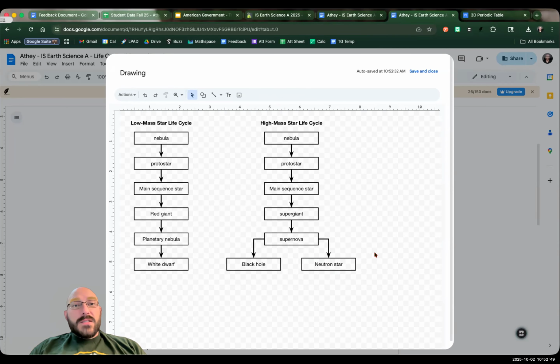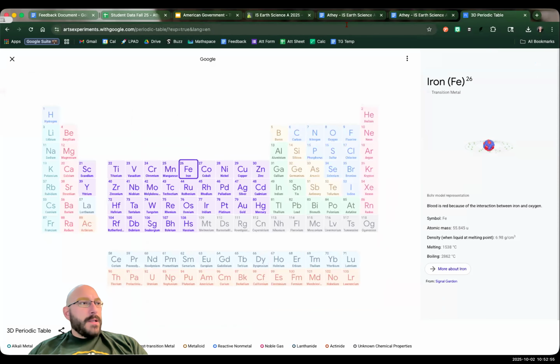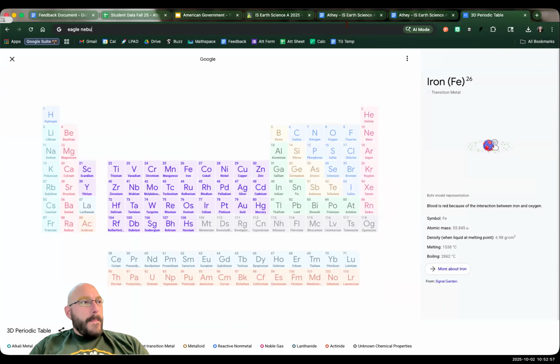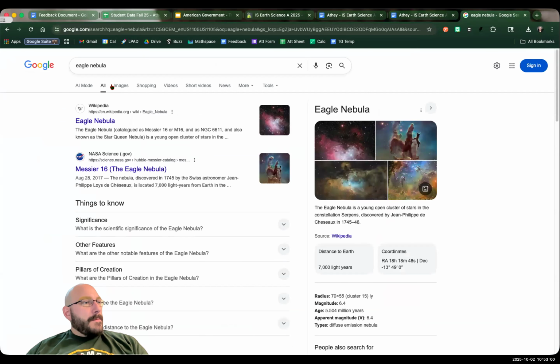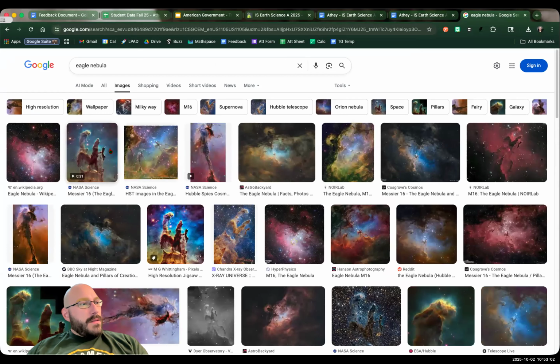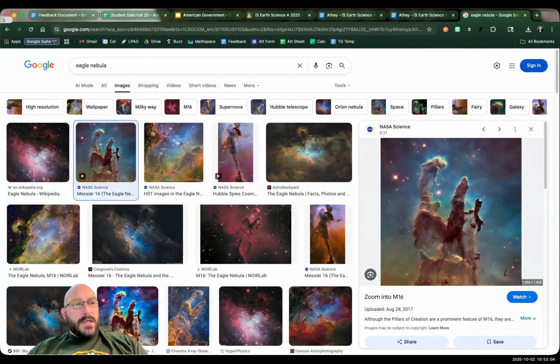Nebulas can be massive. The Eagle Nebula, for example, let me show you. This is the Eagle Nebula. They call it the Fingers of God or something like that. It is hundreds of light years across. Tons and tons of gas and dust out there in space.